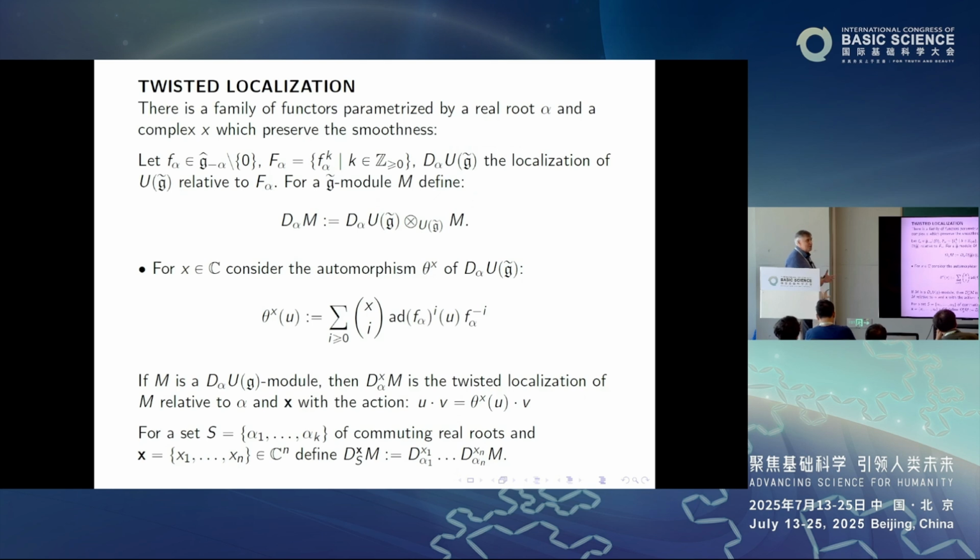This is twisted localization. These are very nice functors as they preserve smoothness, so given a module M, we can produce a new smooth module. Generically, we expect it to be simple again if we start with a simple module.